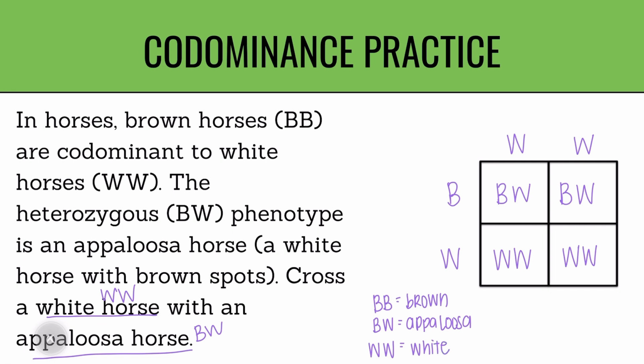So none of the boxes are going to be brown. Appaloosa have these 2 boxes, so 2 out of 4, which simplifies to 1/2. And then white, these 2 boxes, which simplifies to 1/2.